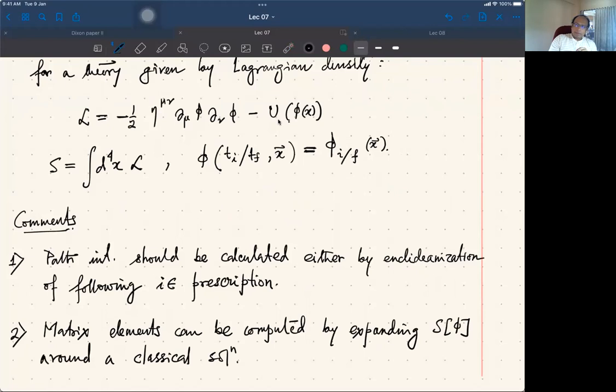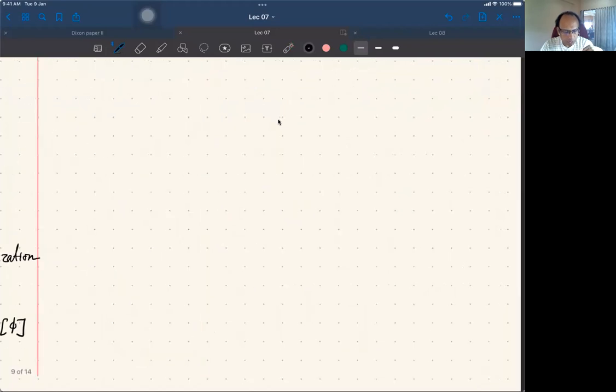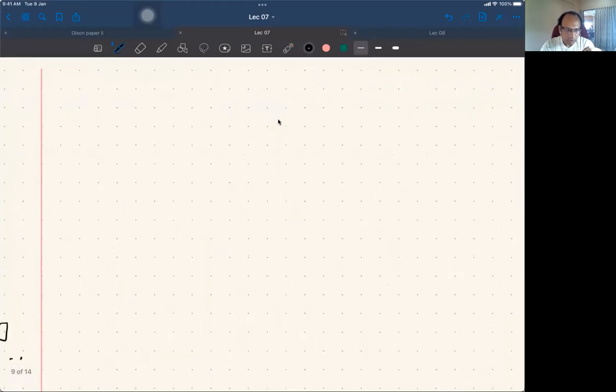Now, after expanding around a classical solution, if you want the resultant theory to be Lorentz invariant, then what kind of classical solution should one choose?